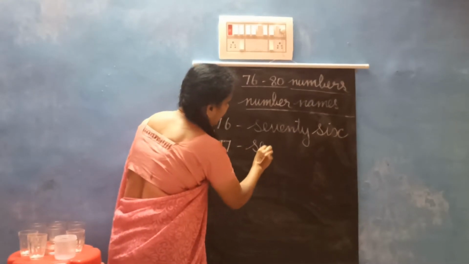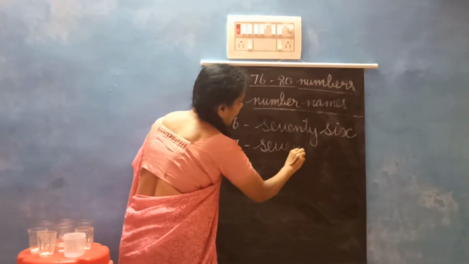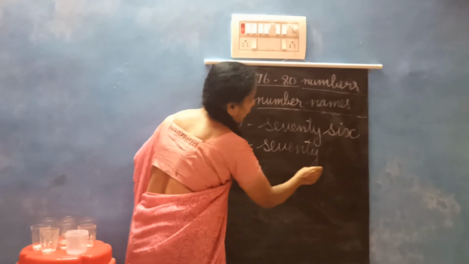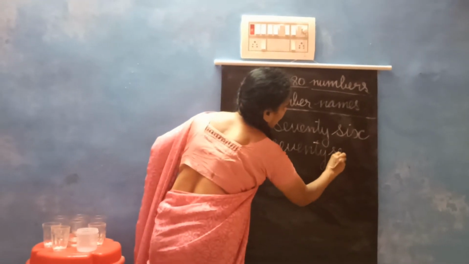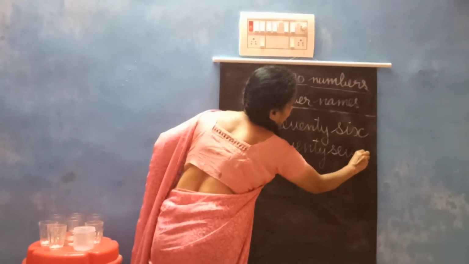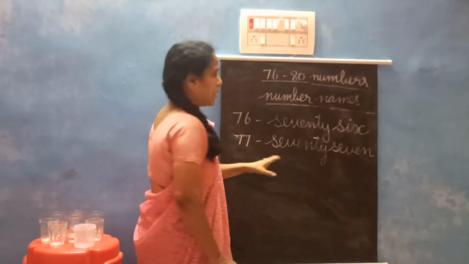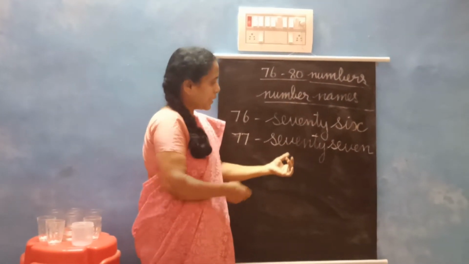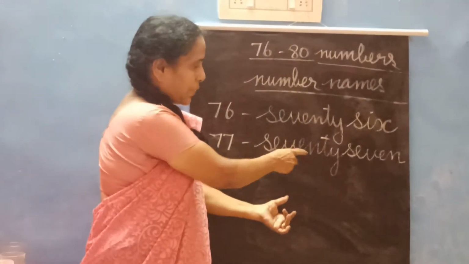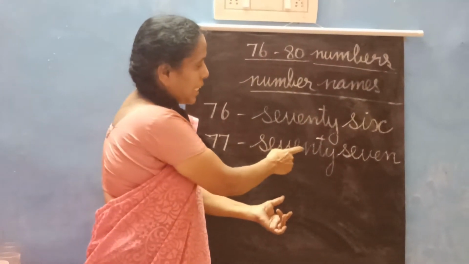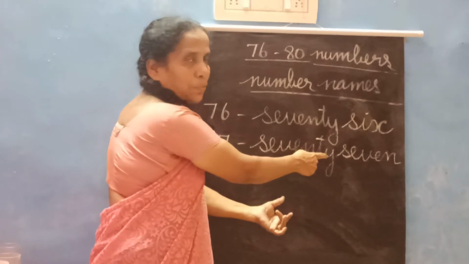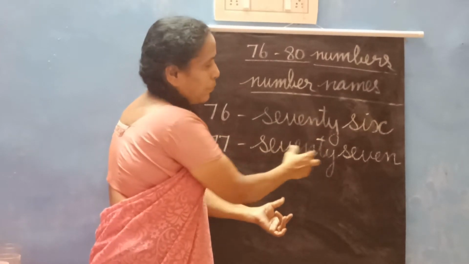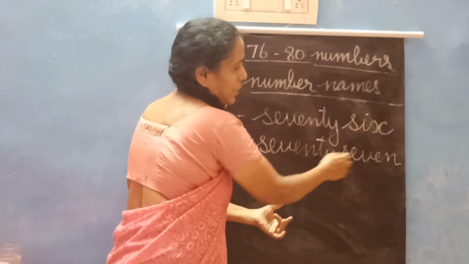Seventy-seven. Very easy, this number. You will be able to write it very easily. You all know the spelling for 7: s-e-v-e-n. Seven. If you add ty, 70 will come. Again if you write 7, 77 will come.